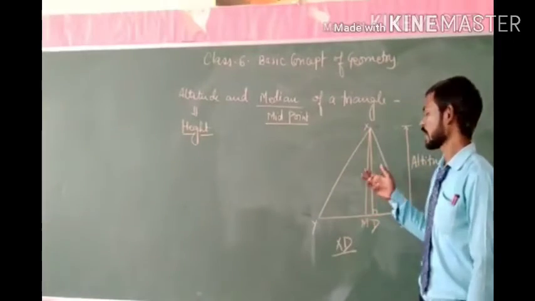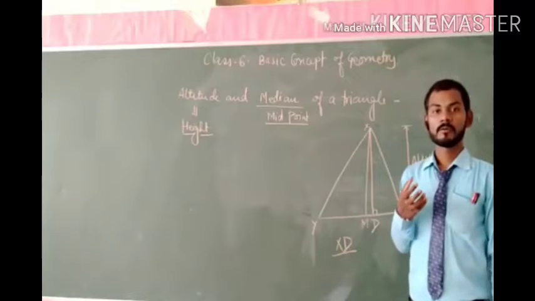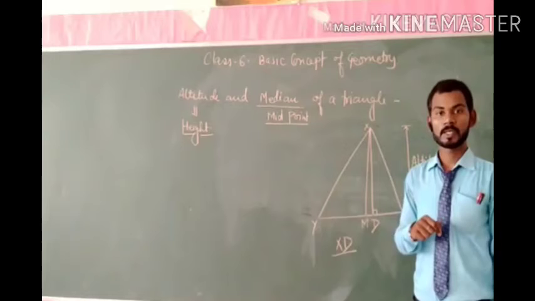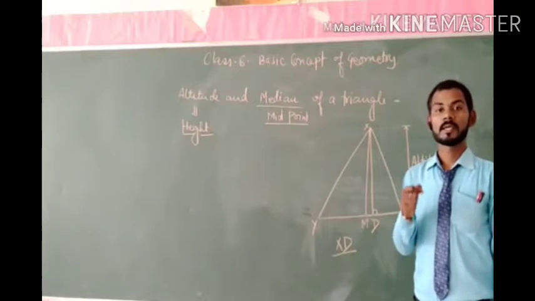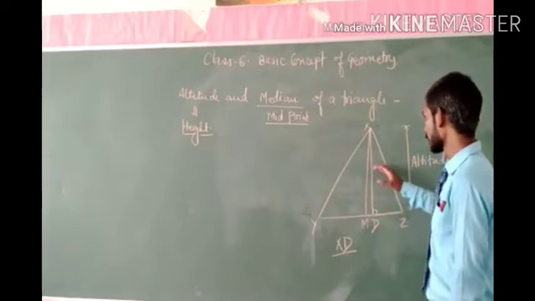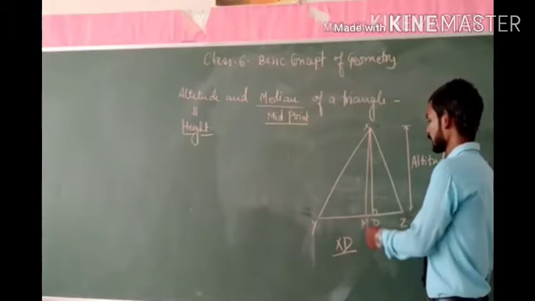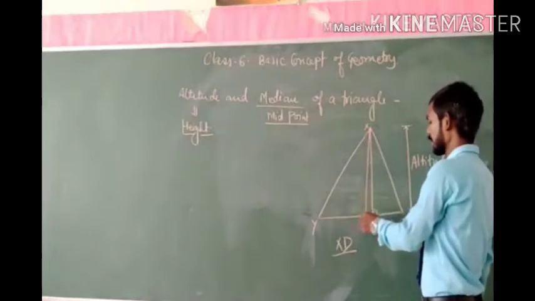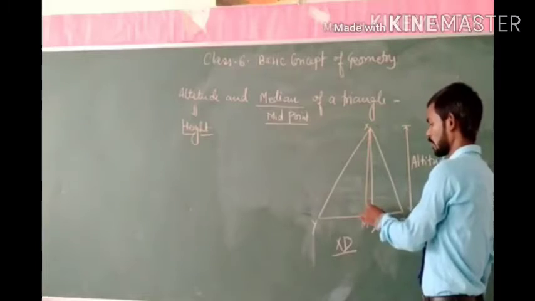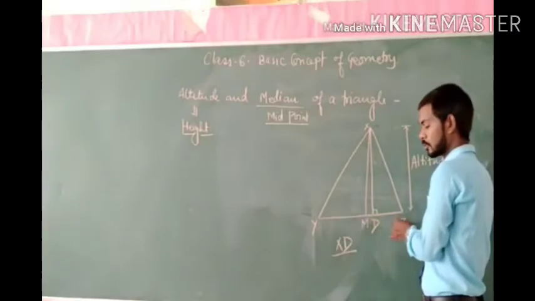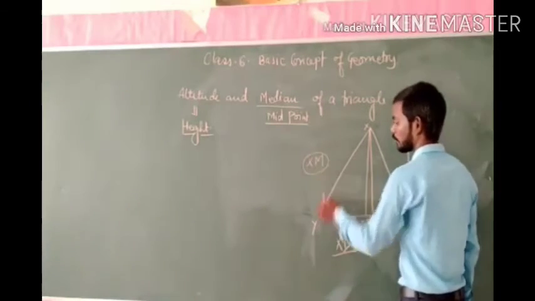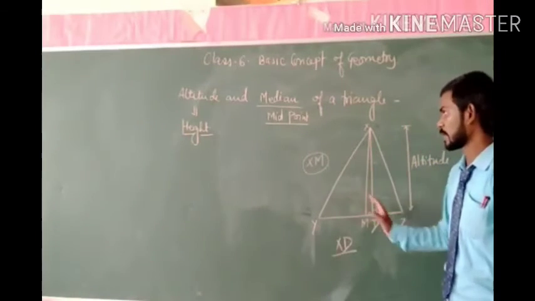So we just define that the line segment from the vertex to the midpoint of the base is known as the median of the triangle. In this figure the line segment XM is from X to the midpoint of YZ, so XM is the median of the triangle XYZ.